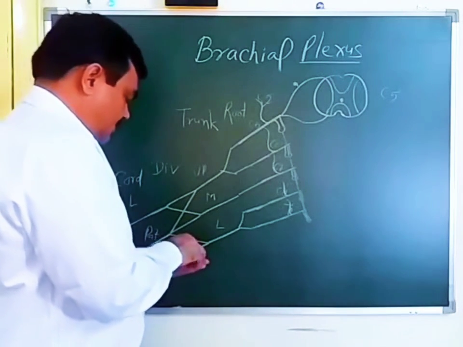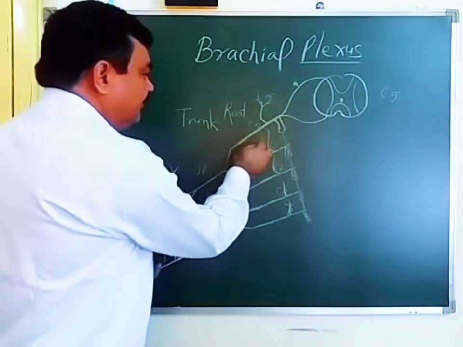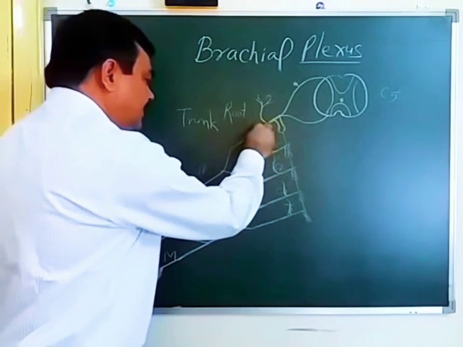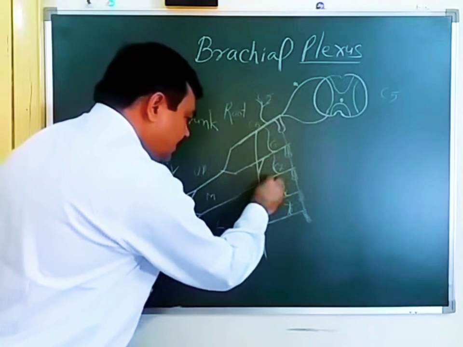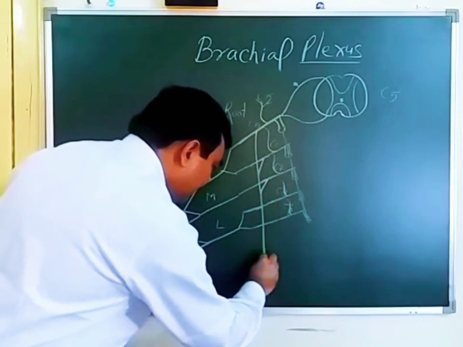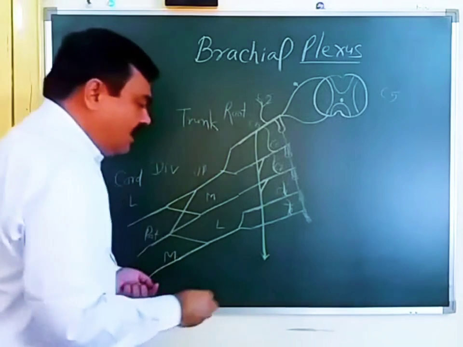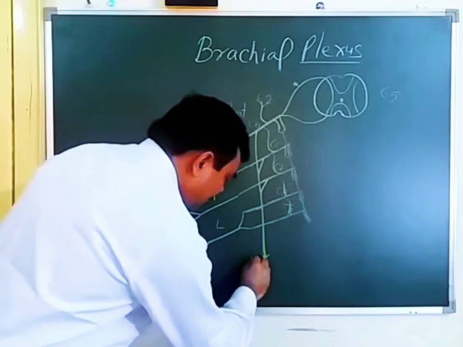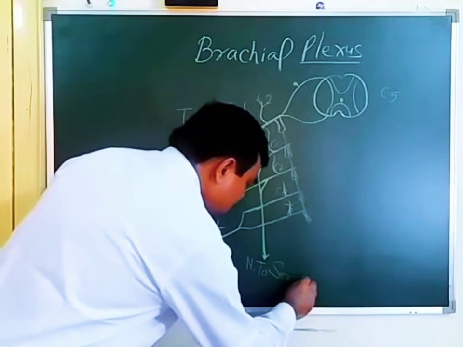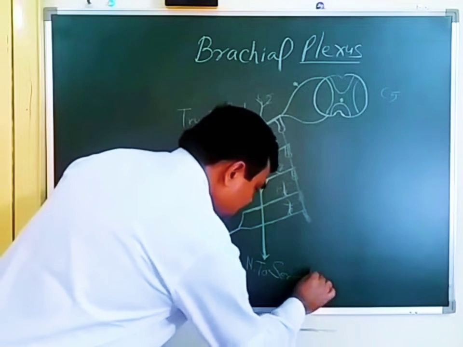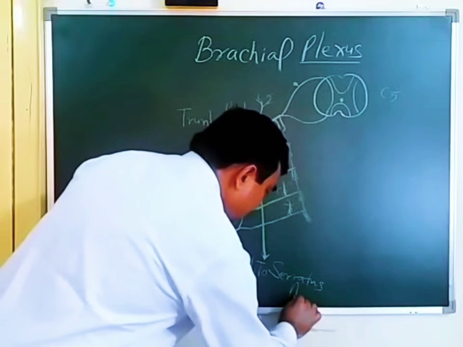The roots of C5, C6 and C7 join to form the nerve to serratus anterior.